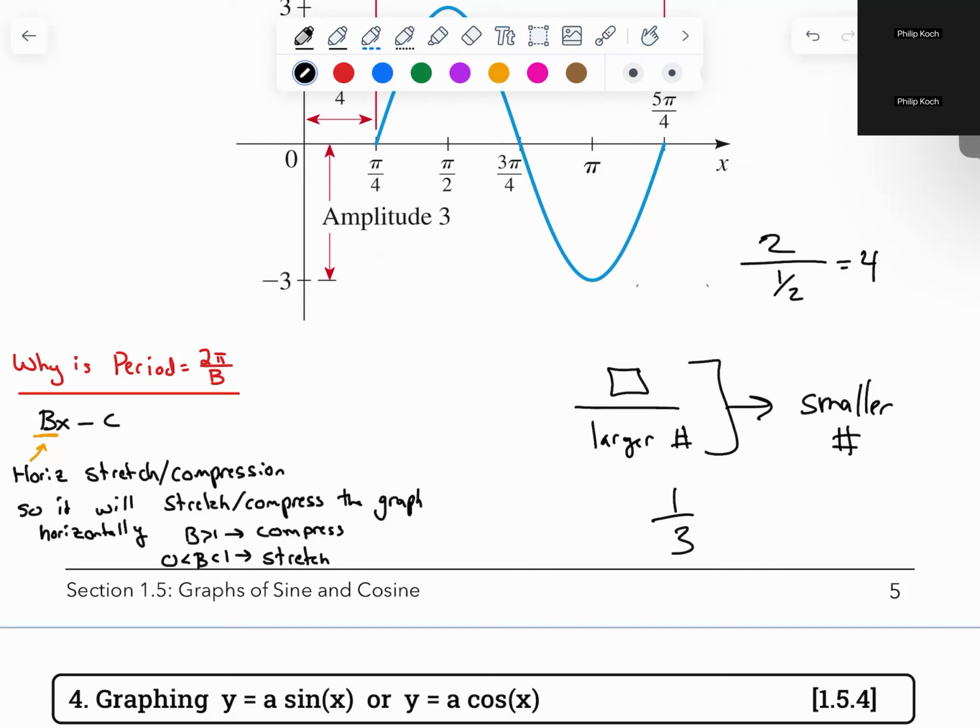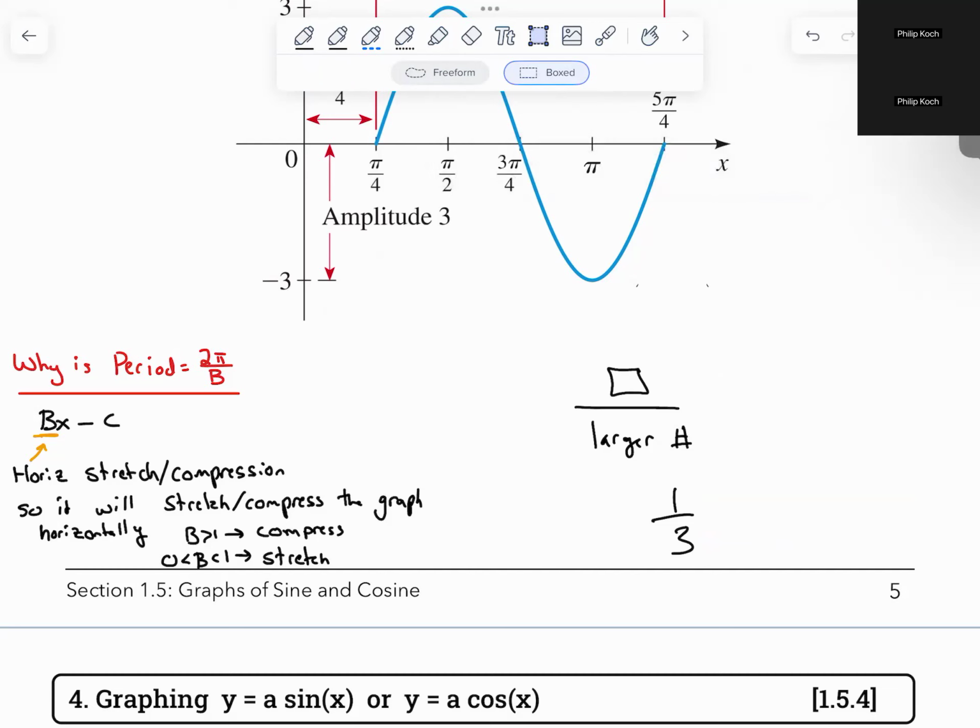If it's 1/3, I'm going to triple it in width. Any questions on that? Does that help explain period and why it's 2 pi over b? I hope it does. And we can always ask questions. So that's why the period is 2 pi over b. It's just a linear transformation.